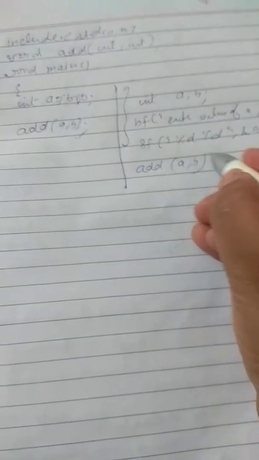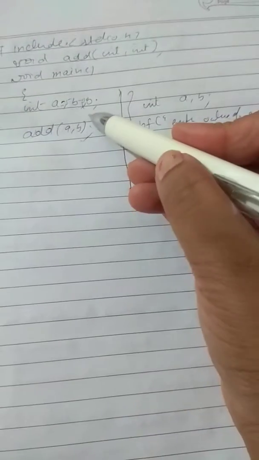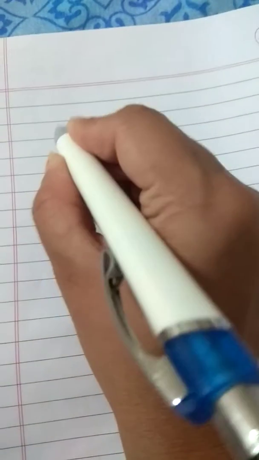The only difference is that here we have taken constant values, so we are not writing scanf. Here we have not taken any values, so we have to give scanf in this way. Now we'll work on the third part, function definition. When we write function definition, whatever we write in the prototype, you copy paste the same thing first like this.